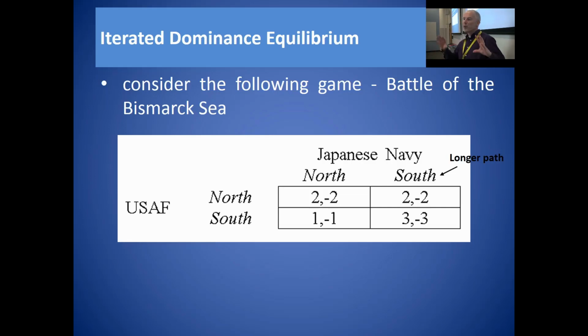Now, I'll run through the scenario for the US Air Force first of all, and then I'll say something about the comparable preferences, payoffs for the Japanese Navy. So, we can see the US Air Force's most preferred outcome, where it gets a payoff of 3, is where it sends its planes along that longer southern path, and the Japanese Navy also sends its ships along that longer southern path.